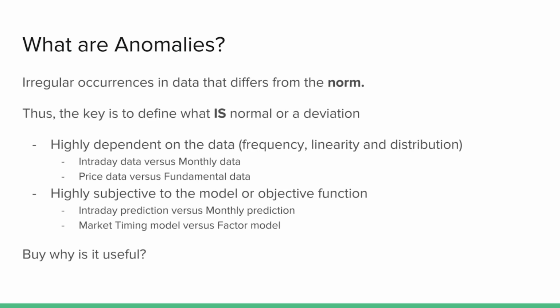Another point is the difference between market timing models and factor models. The key here is to understand that market timing models trade less frequently. They look for the perfect entry and the perfect exit, instead of being a very general, non-timing model like a factor model. In a sense, these timing models are focused on exploiting anomalies.